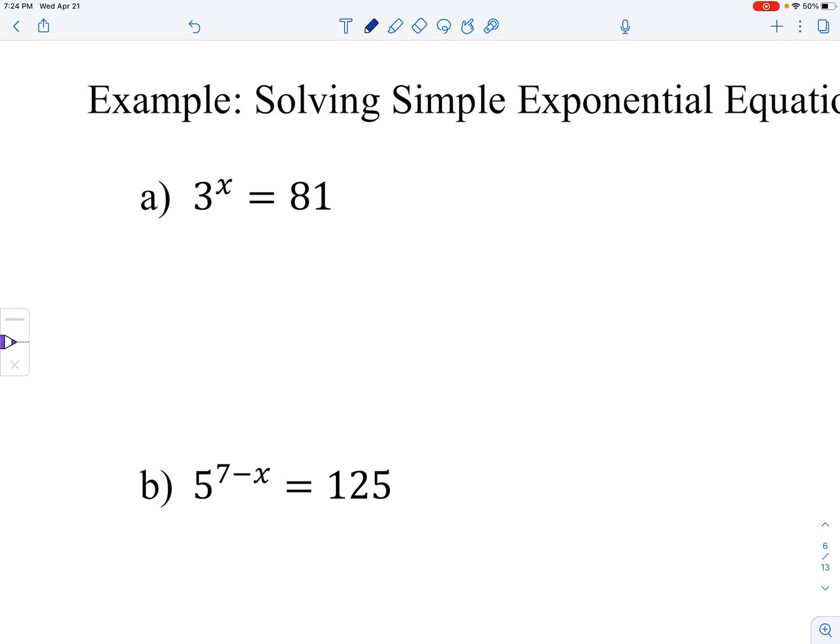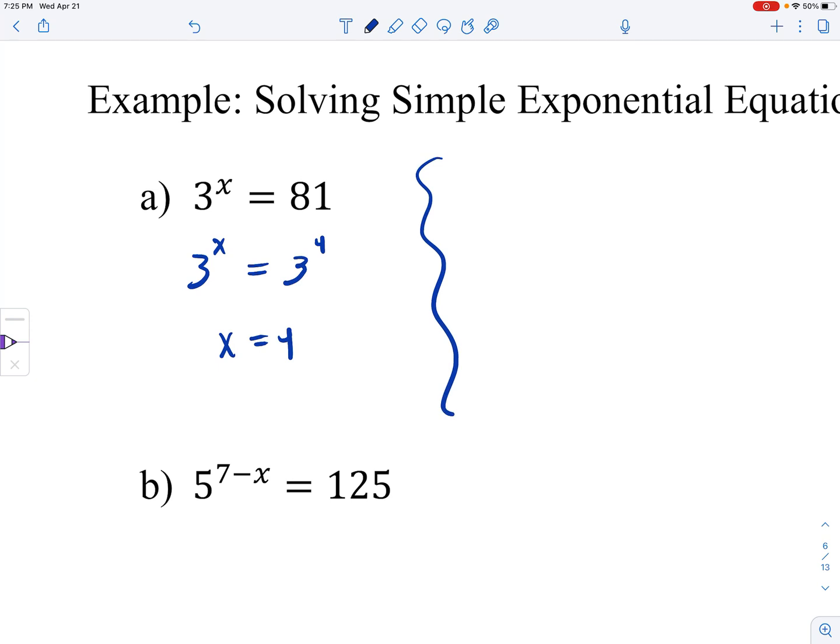If possible, you could rewrite the right-hand side so that we could use the one-to-one property. Like if you know that 81 is also 3 to the 4th power, you could rewrite the equation and then think, okay, by the one-to-one property, x has to be equal to 4.